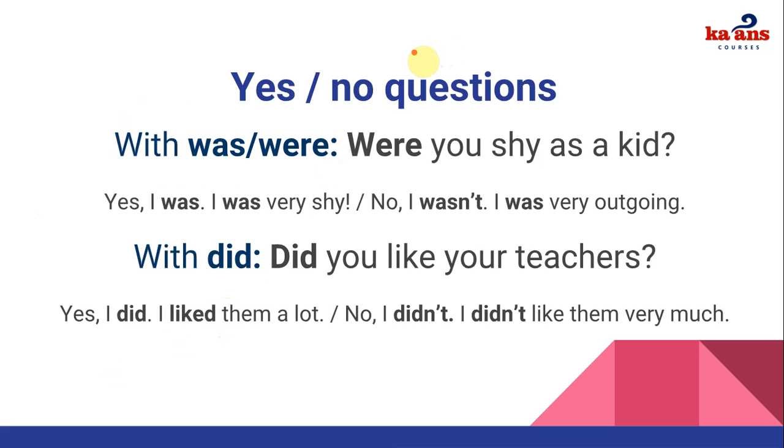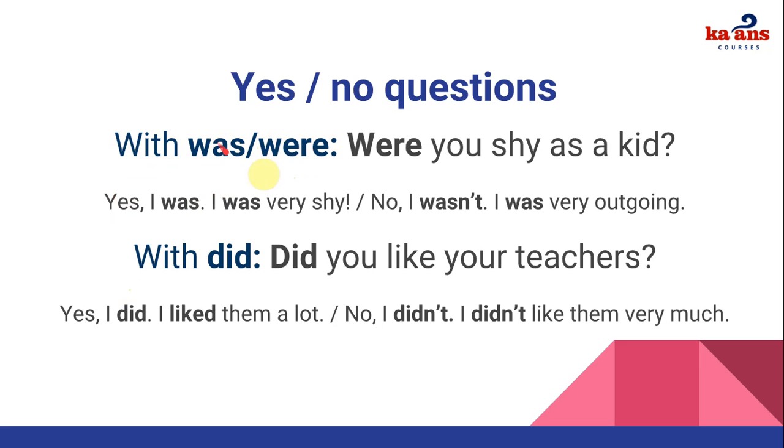So in the first lesson we're going to quickly talk about the expressions about the simple past and also about used to. As you can see, in the simple past we have examples of yes and no questions. Now it's important to mention that there are two types. Questions with was and were.